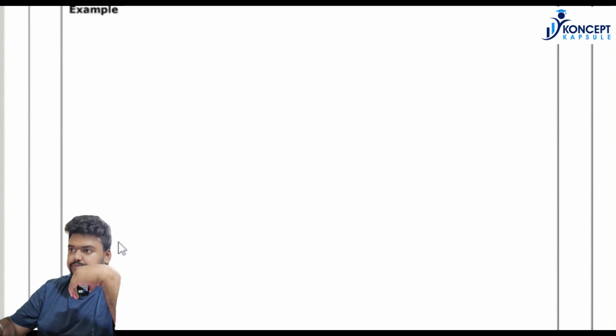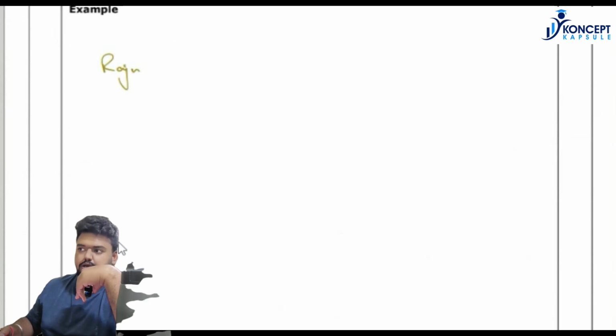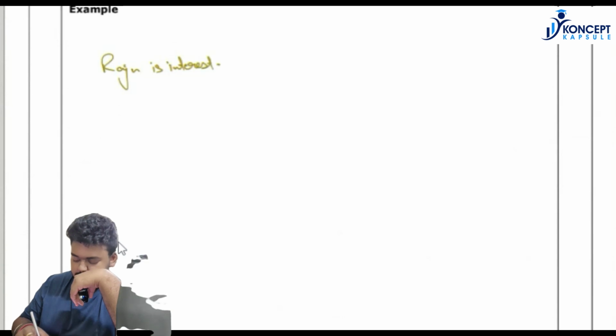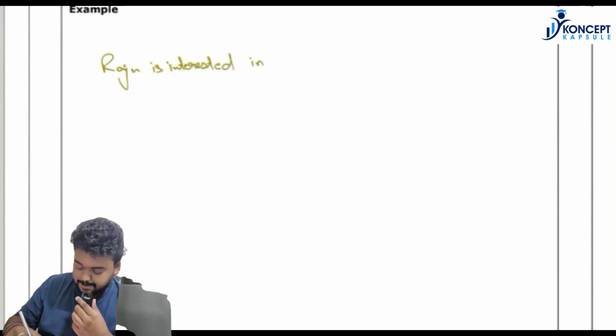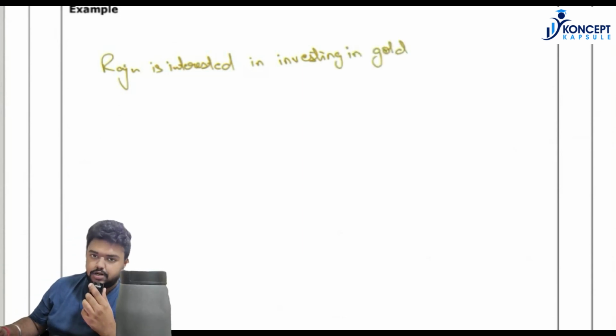Suppose there is a person by the name of Raju. Raju is interested in investing in gold. Let us see what are the different options that are available with Raju.